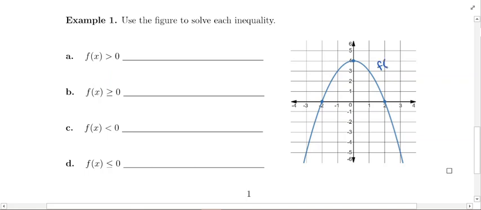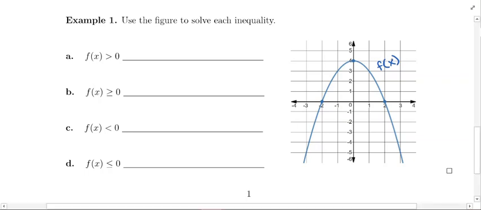Well, that is the parabola. We don't have the formula for the parabola. We're just told that it is f of x. We don't need to know the formula for the parabola to do this. So just keep that in mind: when you solve these quadratic inequalities, you just need the graph.